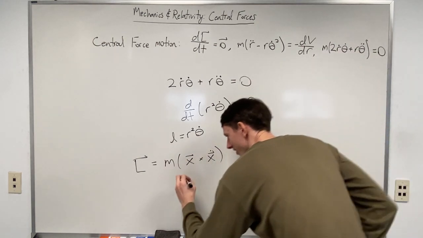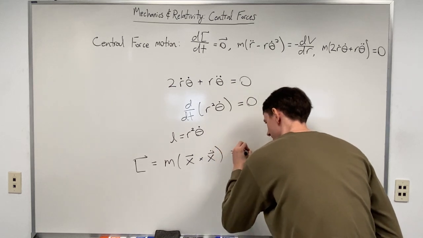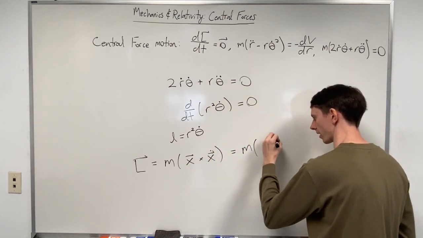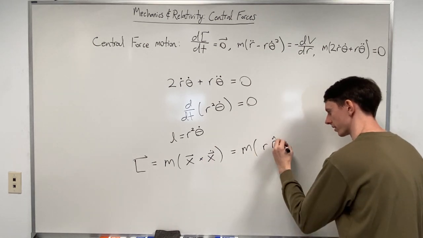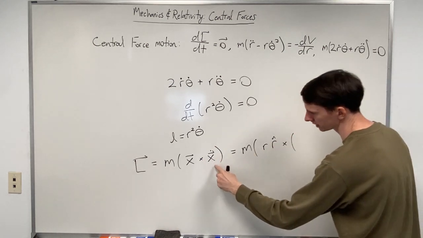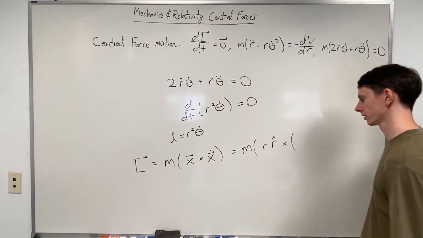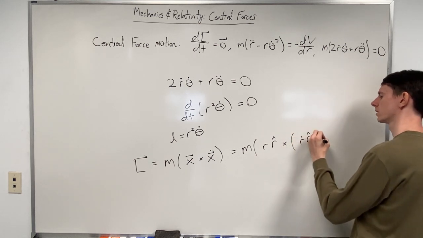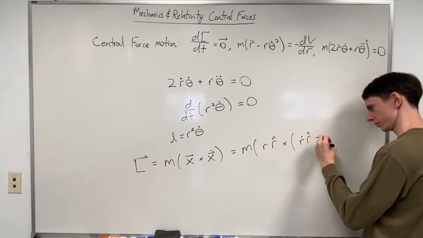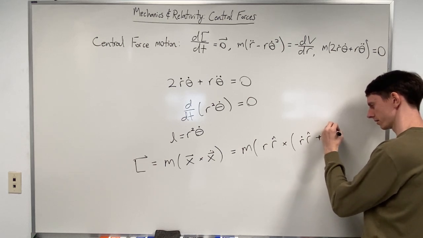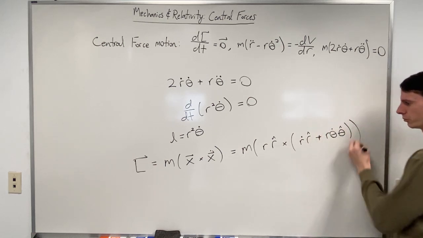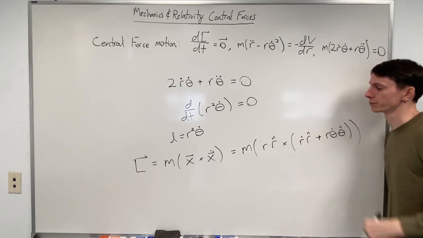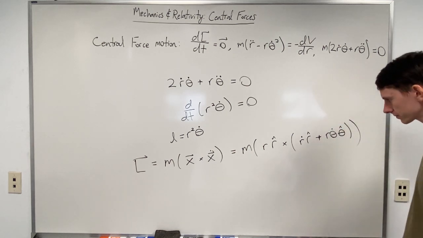But if we were to rewrite this, we would get m times the position vector, which is just r times r hat, in a cross product with the velocity in polar coordinates, which if I remember, is r dot r hat plus r theta dot theta hat, right? We computed this in the previous whiteboard, the velocity of a particle in polar coordinates.